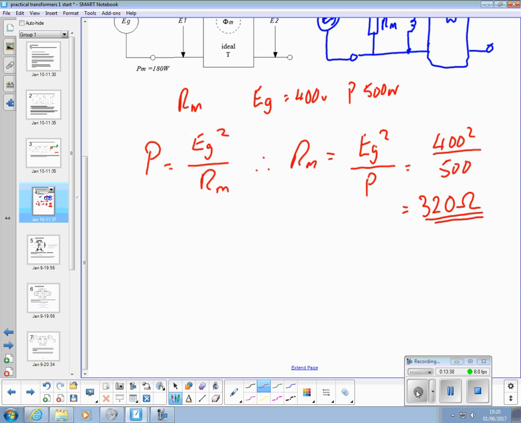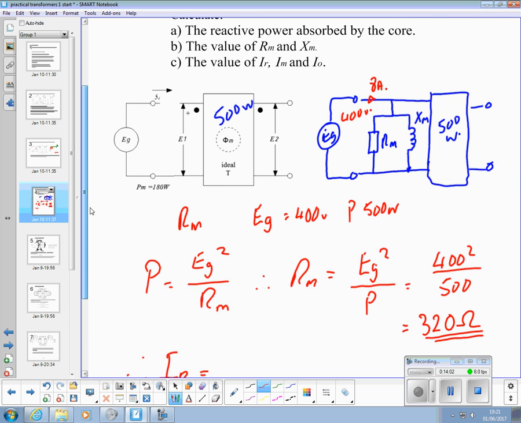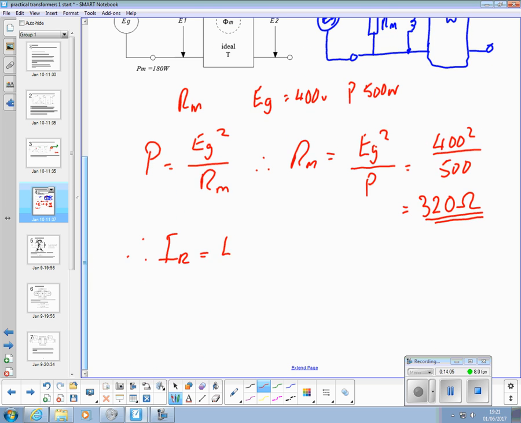Now we know that, what can we find that we're being asked in the question actually in part C that could be useful to us? So therefore, we can find IR, that is equal to what voltage is across it, the generator voltage, 400 over 320, 1.25 amps.